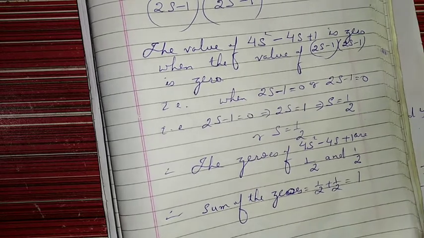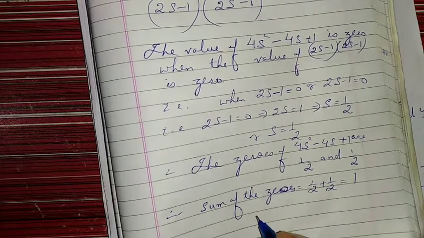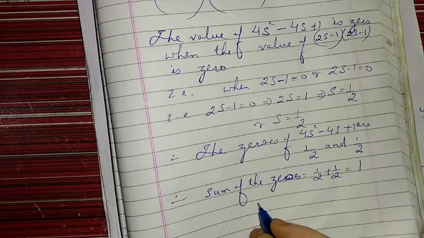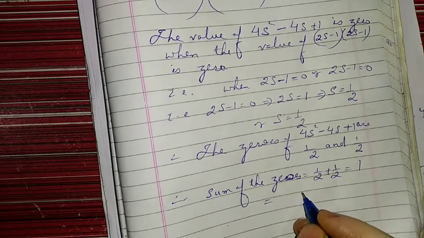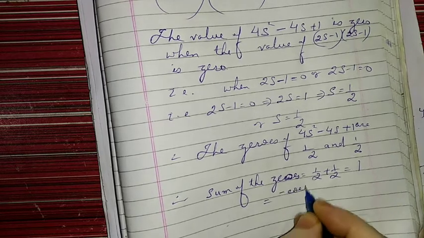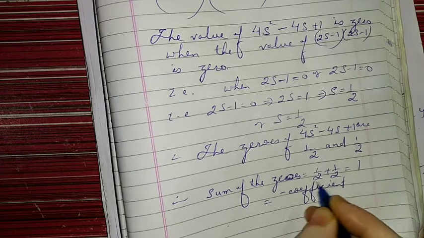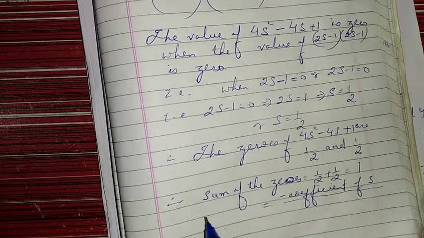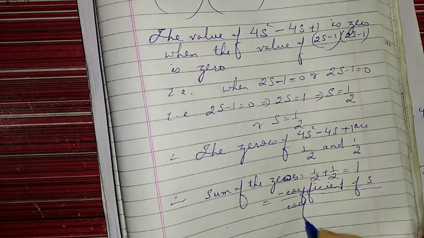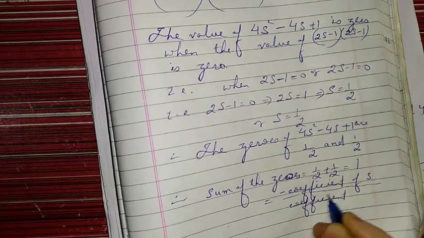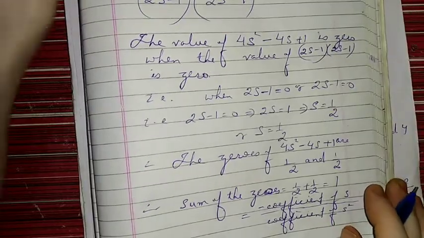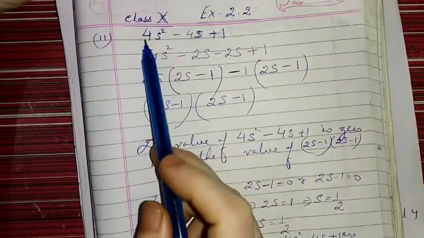Half plus half becomes 1, and we know that the sum of the zeros is minus b by a, that is, minus coefficient of s divided by coefficient of s square. A is the coefficient of s square.